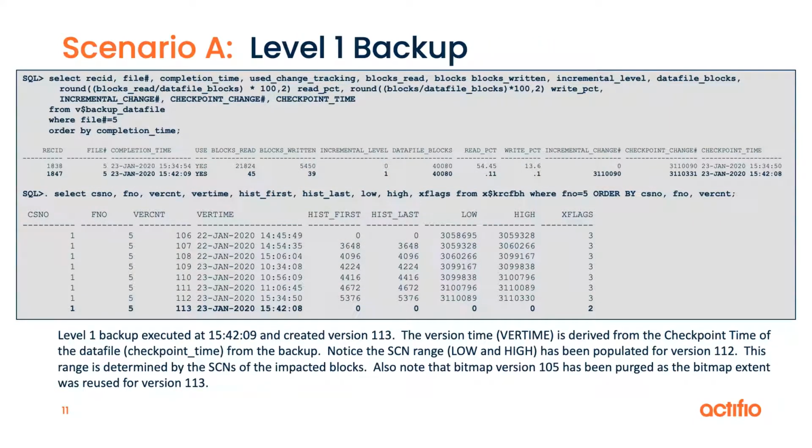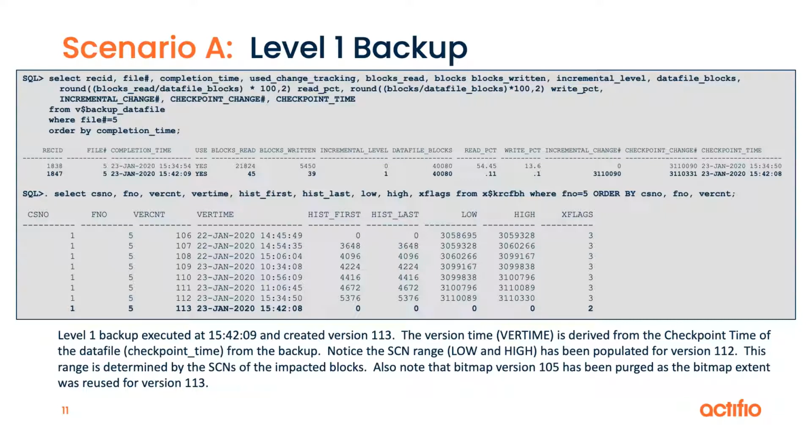So now we do our level 1. Since our last level 0, I updated about 38 distinct blocks. And what we see here is record ID 1847. That is indeed our level 1 backup, and it only read 45 blocks. Now, why did it do that? It went back to the bitmap version 112, which was the one generated by the previous incremental backup, and it used that bitmap extent to determine what chunks of data it needed to read.